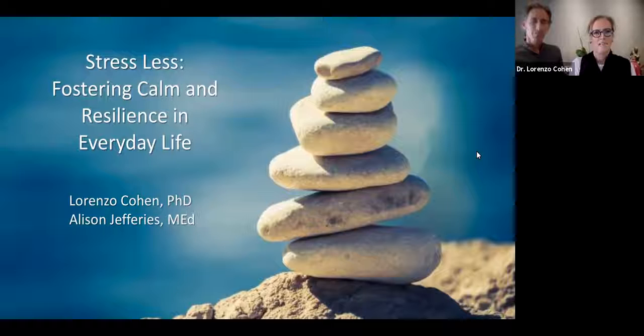exhale. Notice how your inhale and exhale become longer. Inhale again. And exhale, trying to extend that exhale for as long as possible. Relax your shoulders.